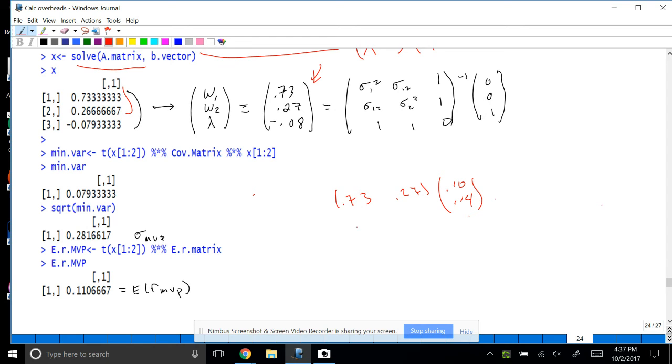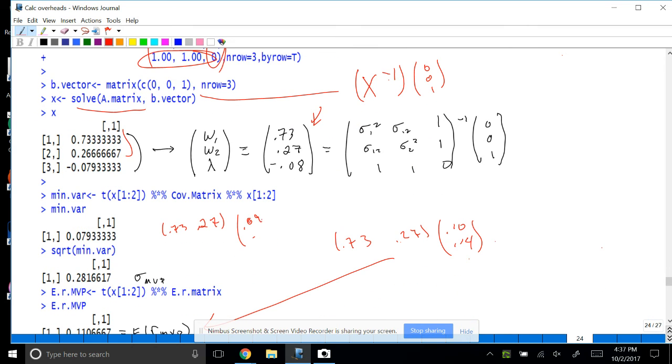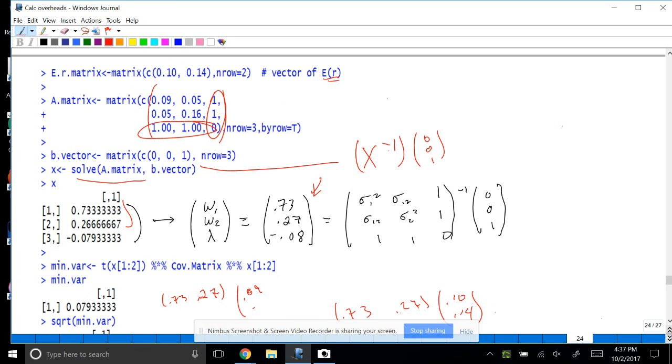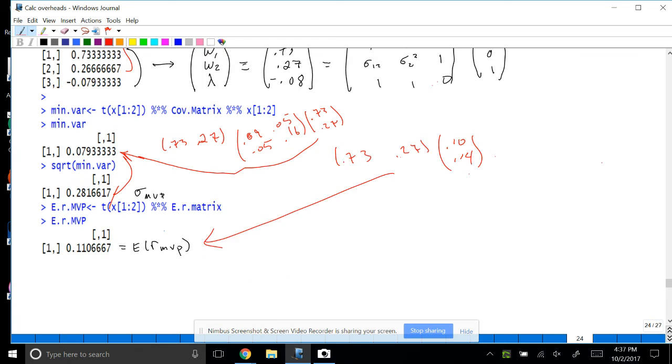So we get an expected return of 11.06%, and the variance will be 0.73 times 0.27 times the covariance matrix, which in my example, I have 0.09, what is it, 0.05 is the covariance, and 0.16, times 0.73 times 0.27. That gives me my variance. Take the square root of that, and I get the standard deviation.